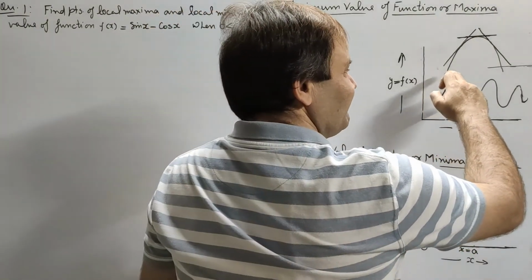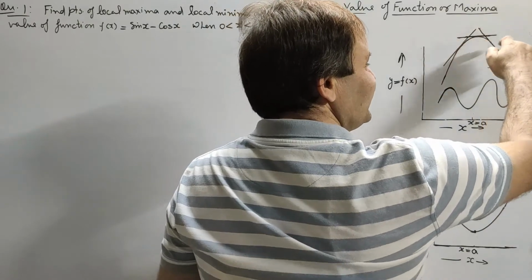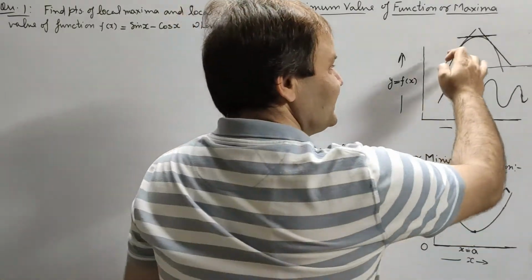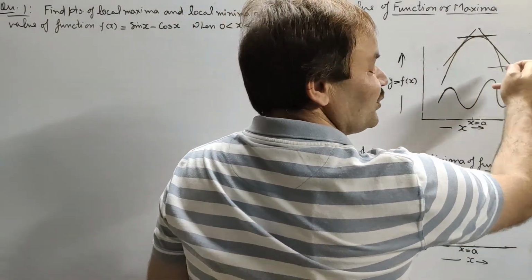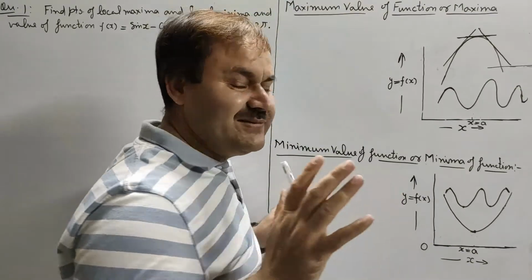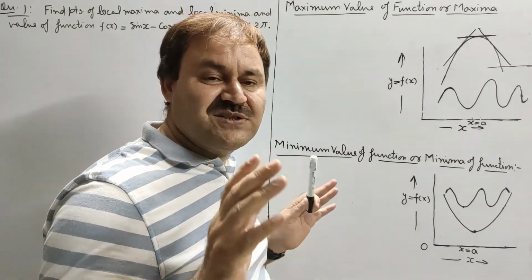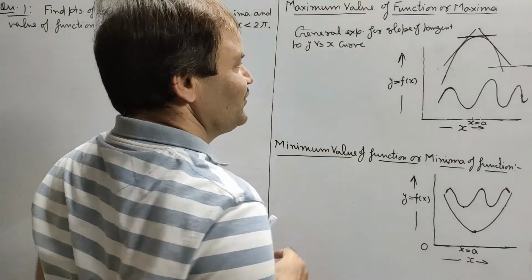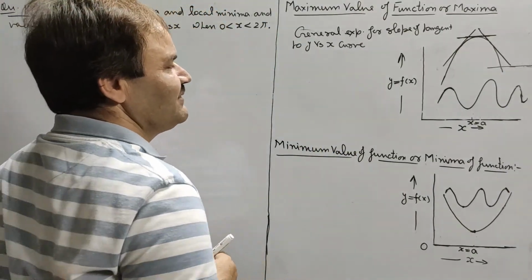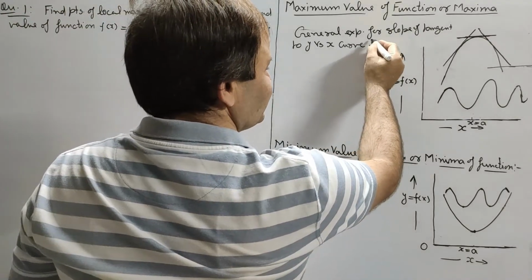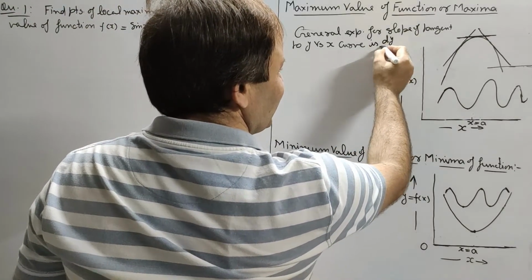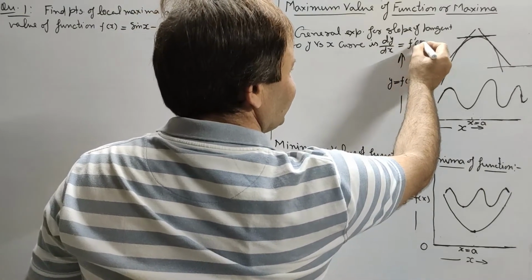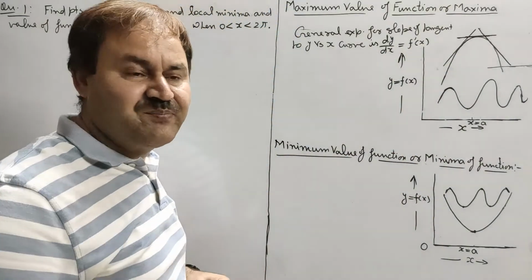It means we can say the slope of the tangent to the curve will change its sign from positive to negative, and we know the general expression for the slope of the tangent to the y versus x curve. The general expression for the slope of the tangent to the y versus x curve is the differentiation of y with respect to x, that is dy by dx, and it can be written as f dash x.